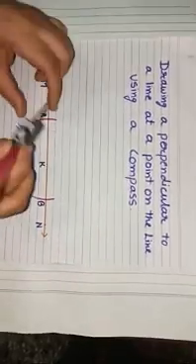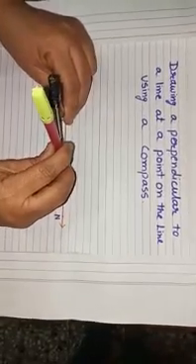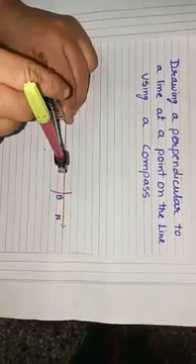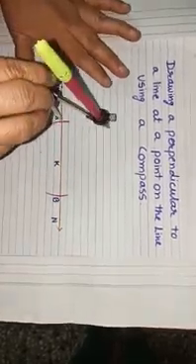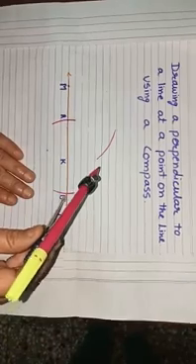Now, keeping the still point of compass on point A and taking the distance which is greater than half of line segment AB, you have to draw an arc above point K, and without changing the distance, now keep the still point of compass on point B and draw another arc which intersects the previous arc here.